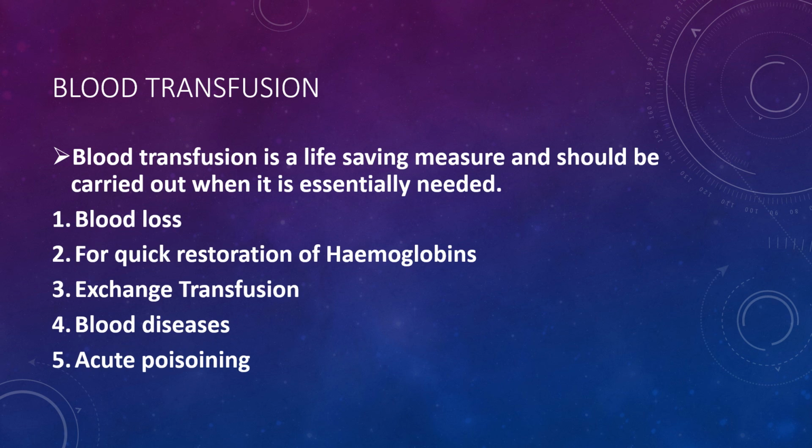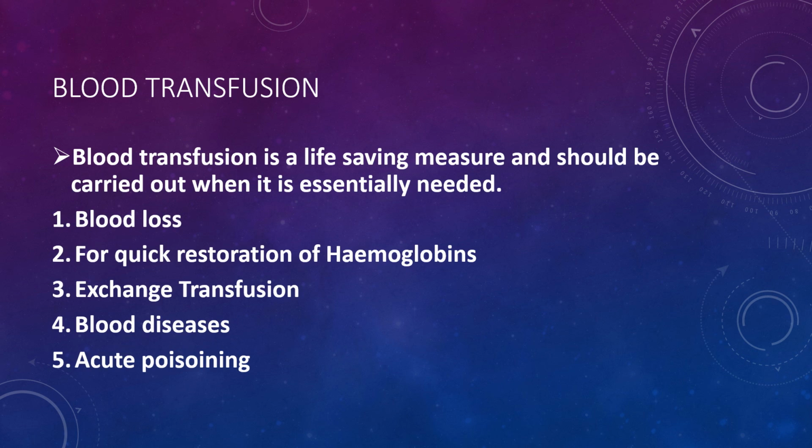The third is if the patient is very sick and developing dyspneic symptoms, shortness of breath on exertion, and is very weak. In that condition, if the hemoglobin level is very low, blood transfusion is very helpful.